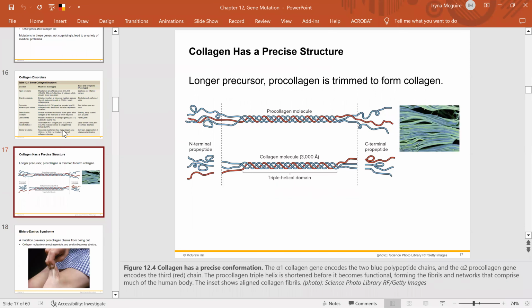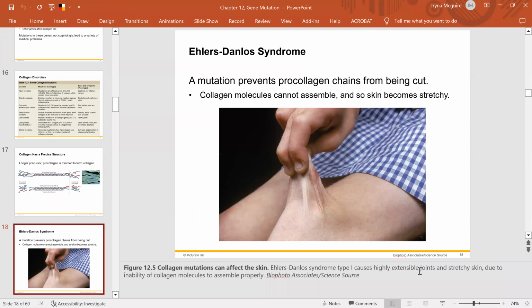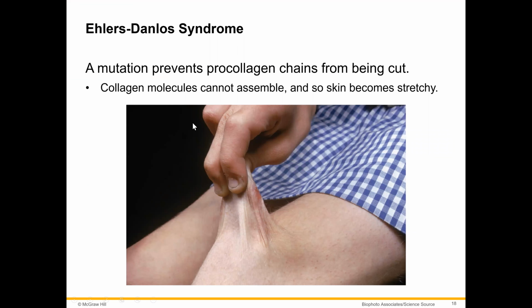Here's our Ehlers-Danlos syndrome. This mutation prevents procollagen chains from being cut. Then collagen molecules cannot be assembled and the skin becomes too stretchy.